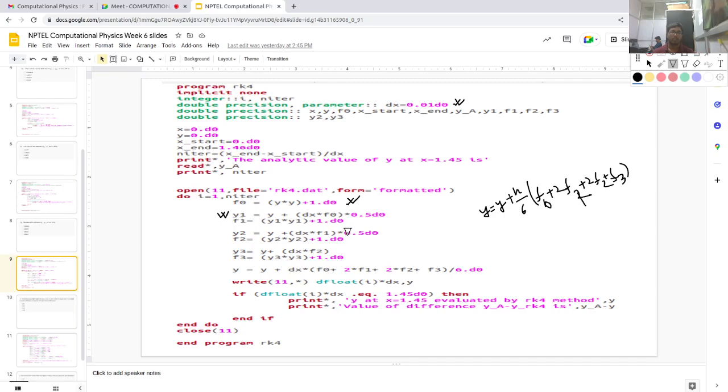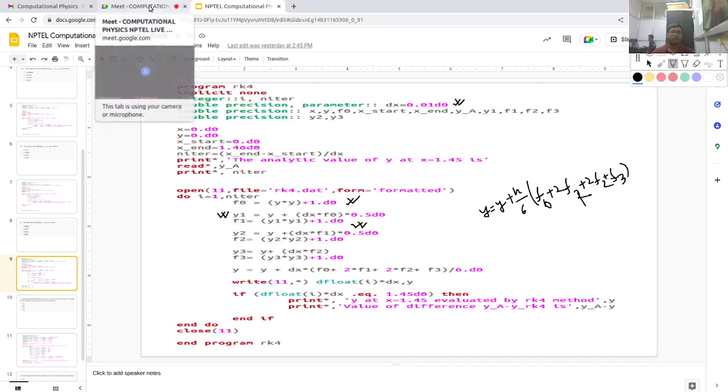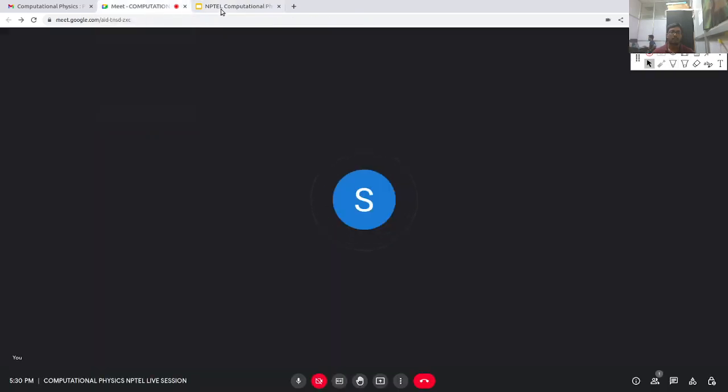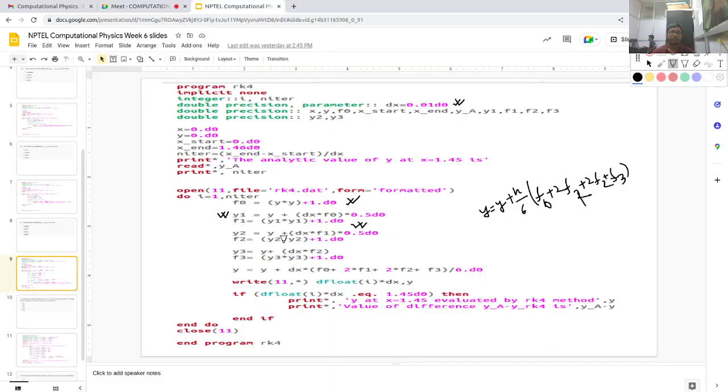So that y1 is then taken for calculating f1, and the f1 which I calculate is used here for calculating y2, and that is also calculated at x plus h by 2.